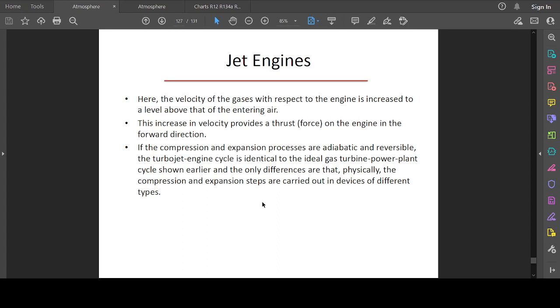If the compression and expansion processes are adiabatic and reversible, the turbojet engine cycle is identical to the ideal gas turbine power plant cycle, and the only differences will be physical. It will be the compression and the expansion steps carried out in devices of different types.